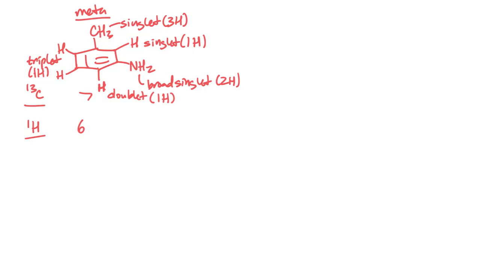The reason for that is the coupling between them could be different. If the coupling's the same, it just converges into a triplet. So the last one here, it has the one neighbor, that's going to be a doublet. And that's 1H.